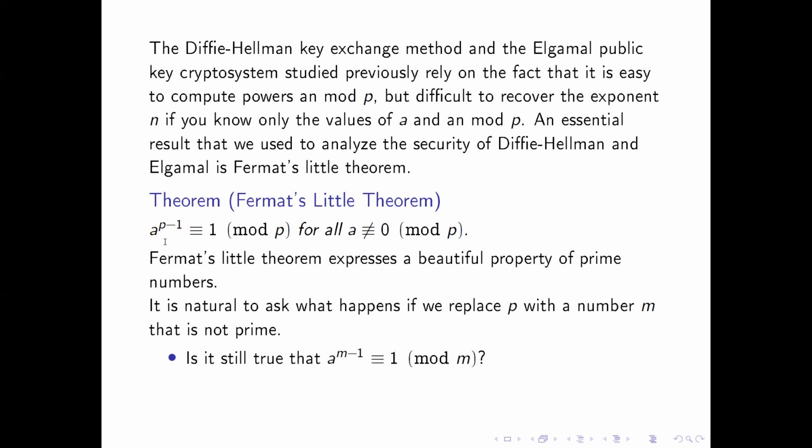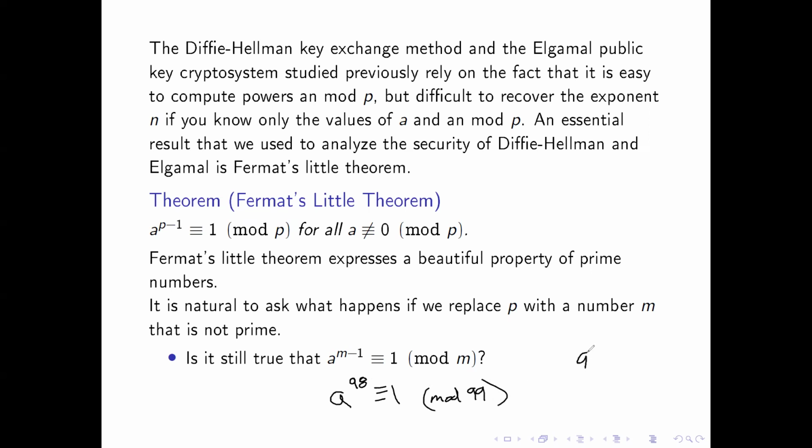Is it still true that a to the m minus 1 is congruent to 1 mod m? So for example, just to illustrate this, what this question is asking is something like, is a to the 98 congruent to 1 mod 99?